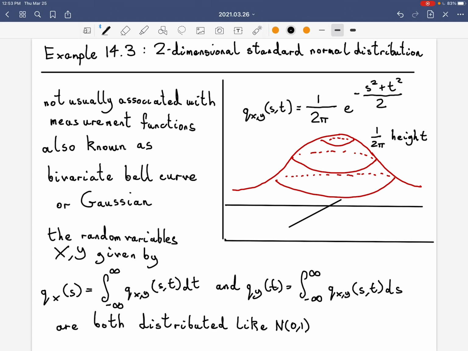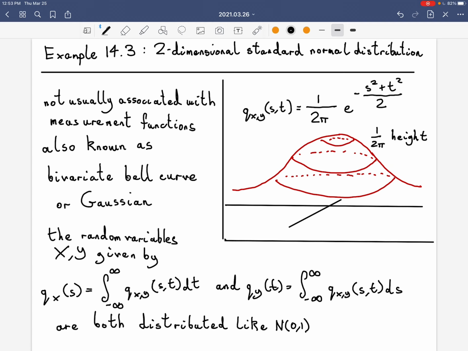So in one dimension, I have the exponent on 2 pi as a half. In 2 dimensions, I have the exponent on 2 pi as 1. If I had a 3-dimensional standard normal, I would have the exponent on 2 pi as 3 over 2.